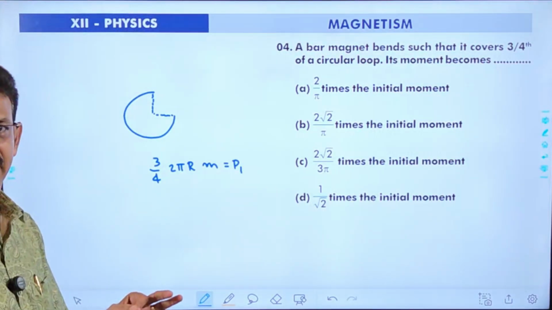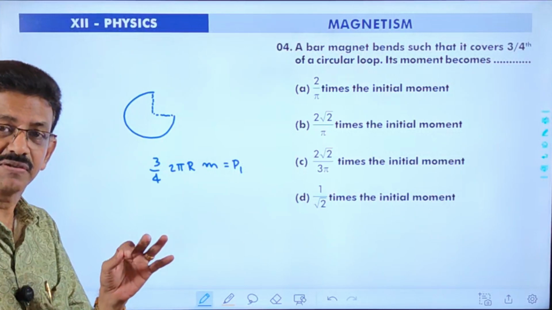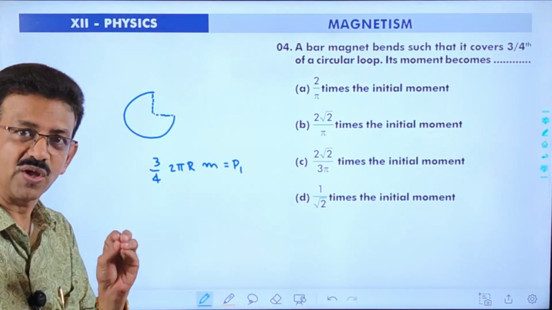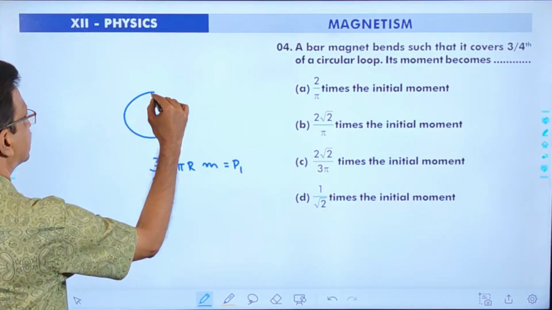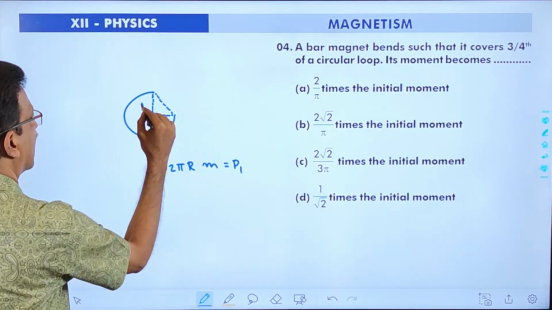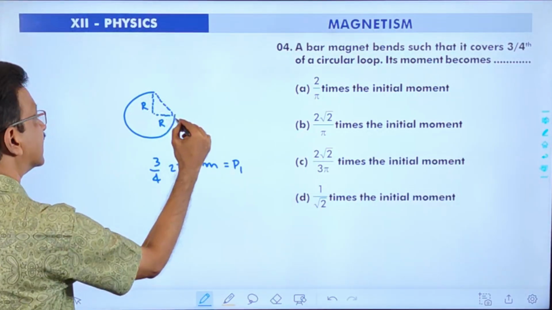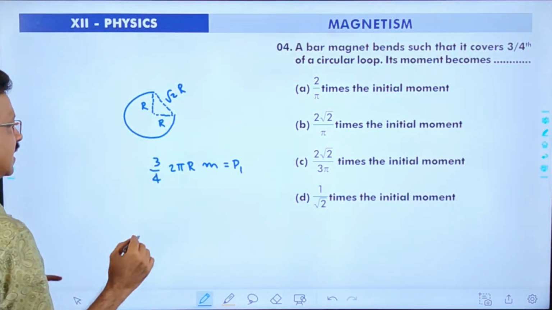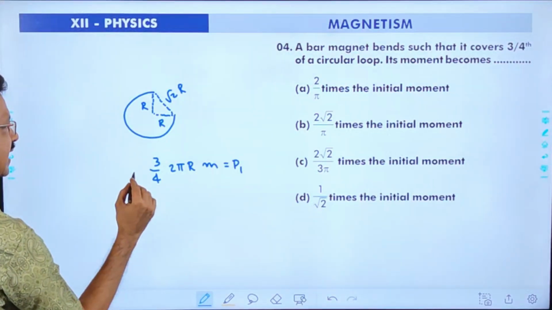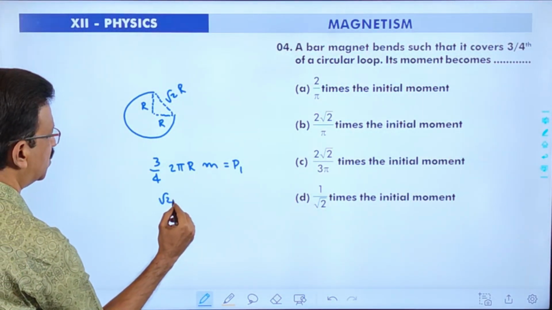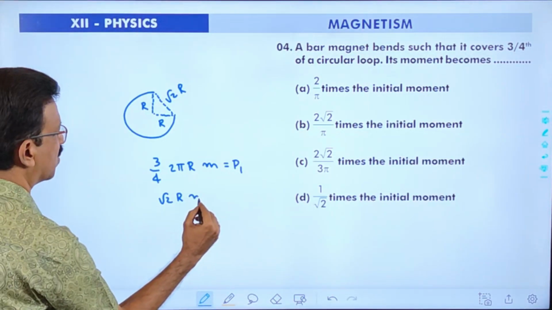Now, after bending, the shortest distance between the two poles is only √2r. Therefore, the magnetic moment after bending is √2r into pole strength.